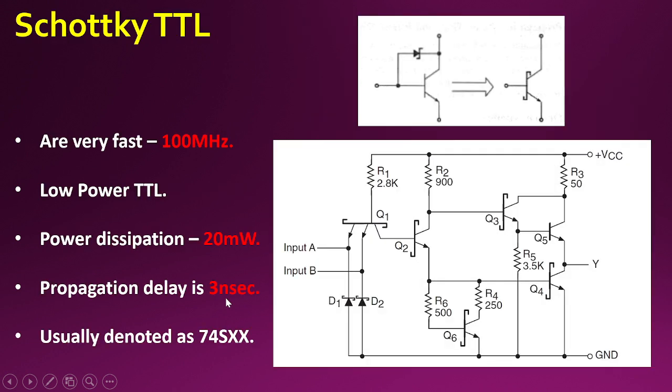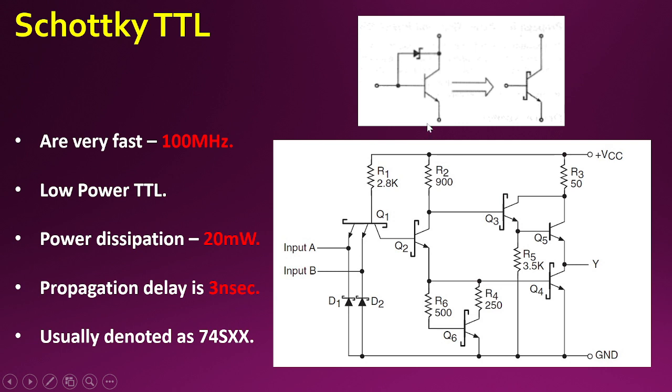Now in order to boost the speed, every transistor was equipped with a Schottky diode, giving Schottky TTL, which boosted the speed to around 100 megahertz, but the power dissipation was around 20 milliwatt, and the propagation delay went down to 3 nanoseconds. We denoted this as 74SXX, where S means Schottky TTL.